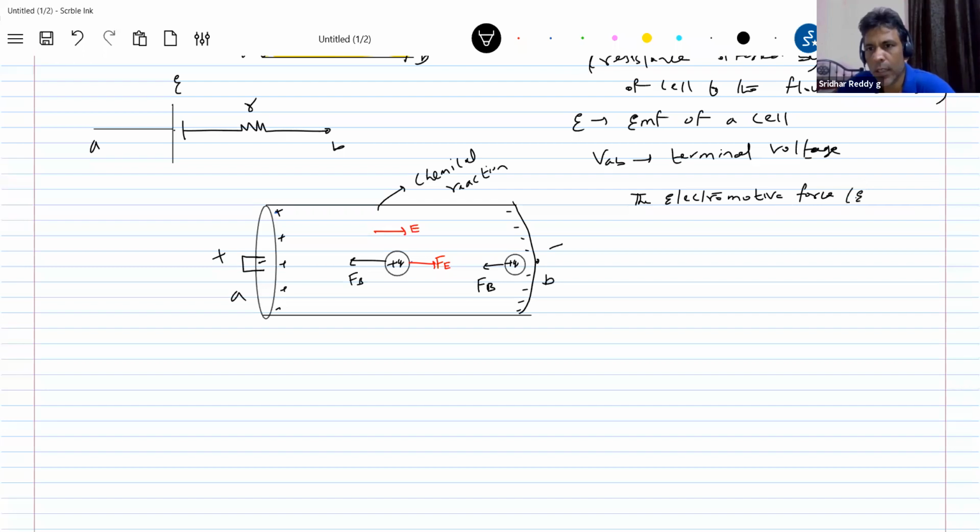In brief we write like this: EMF is the energy provided by a cell per coulomb of charge passing through it.